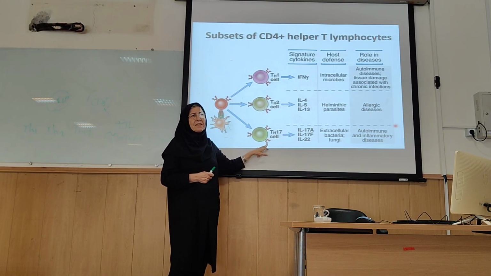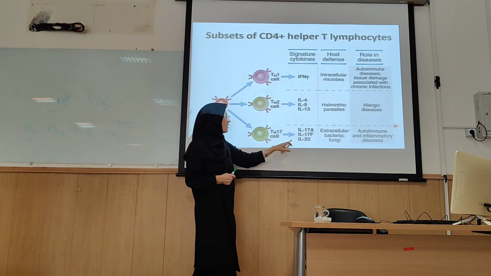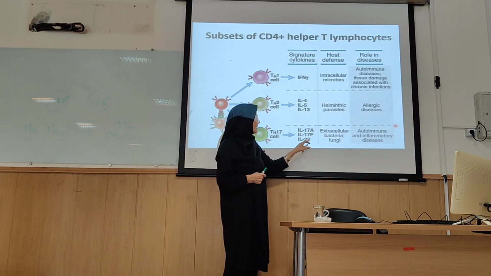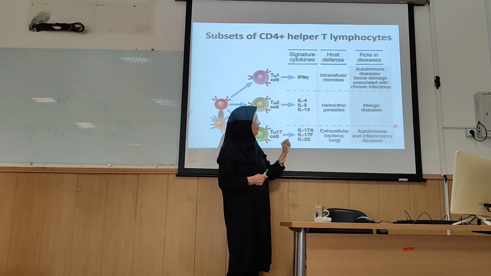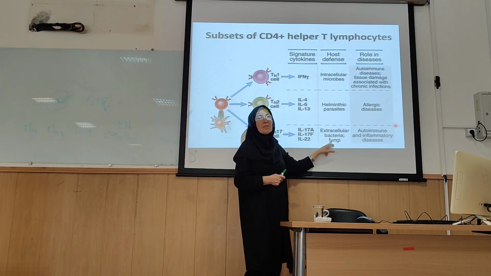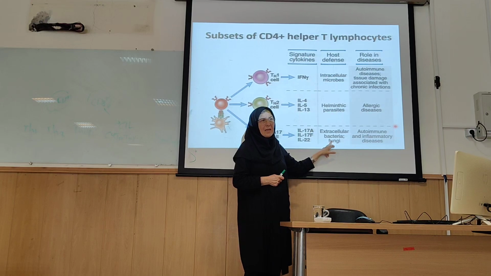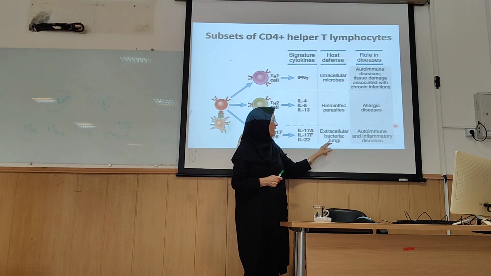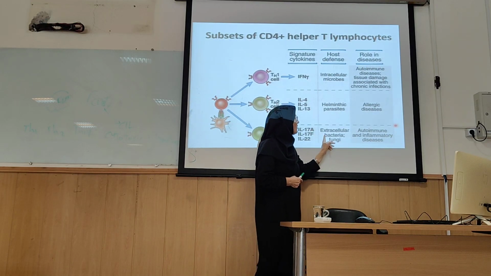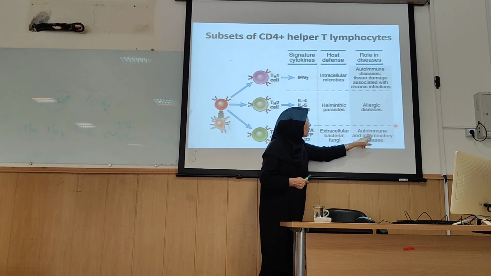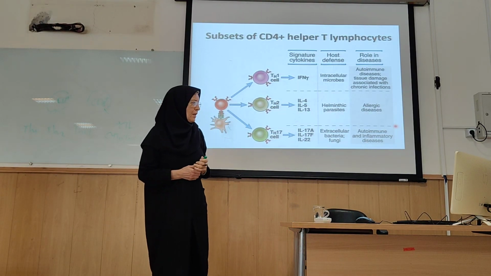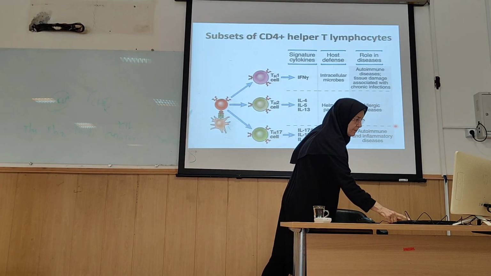T helper 17 produces IL-17, which has two isotypes, IL-17 and IL-22, and responds to bacteria and fungi, yes, extracellular bacteria. They have a basic role in autoimmune diseases and inflammatory diseases.